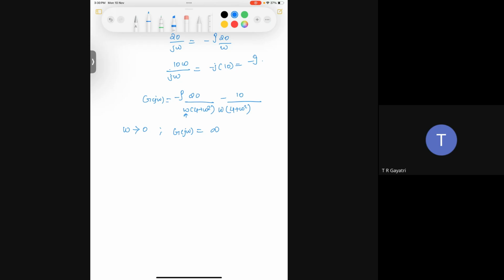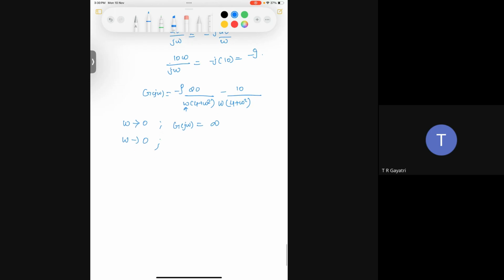Because of this omega, this will go to infinity. When omega goes to infinity, again this will go to 0. So I can write this as infinity minus infinity.